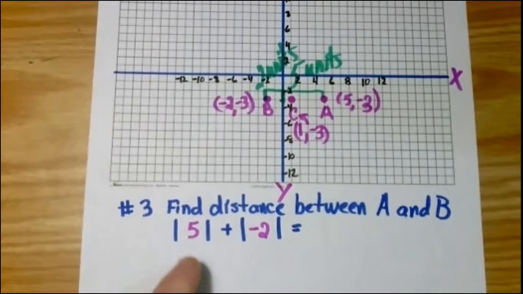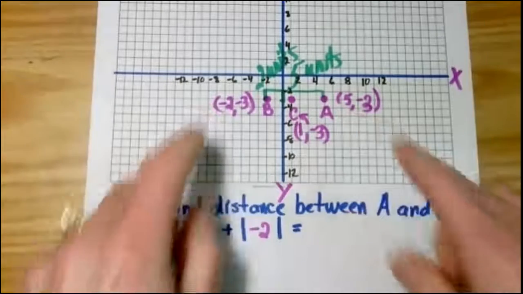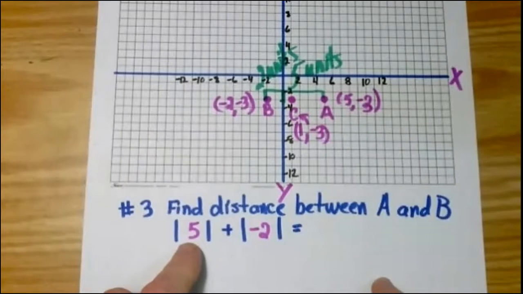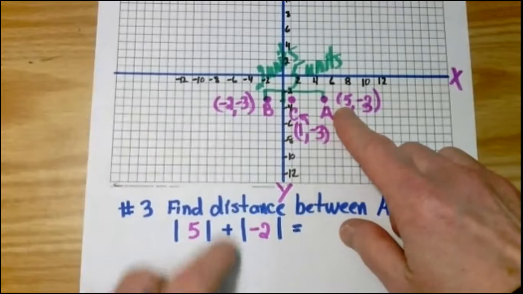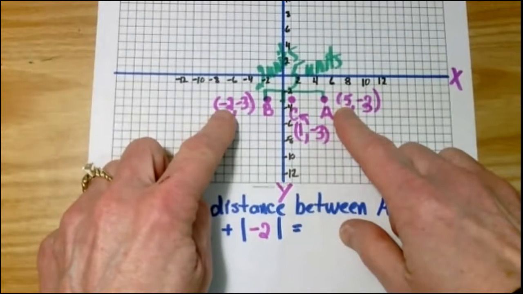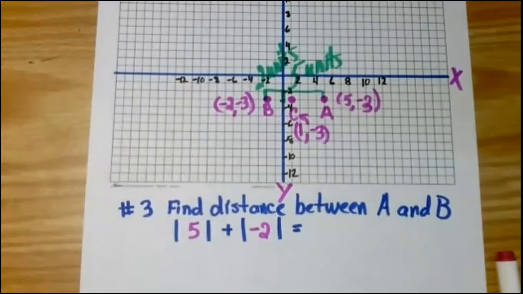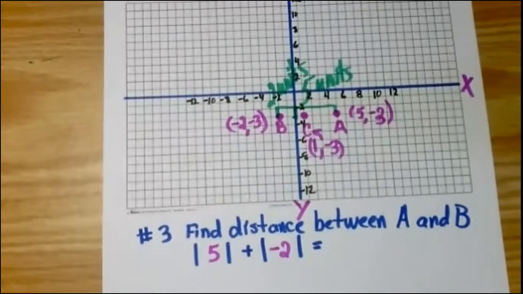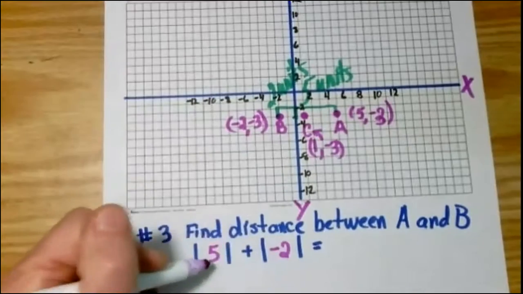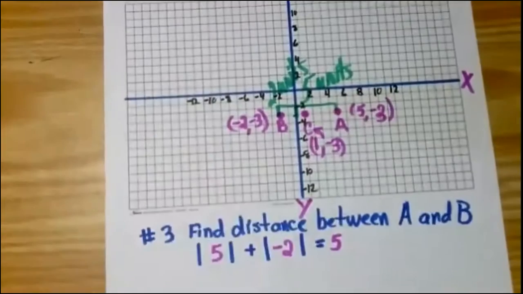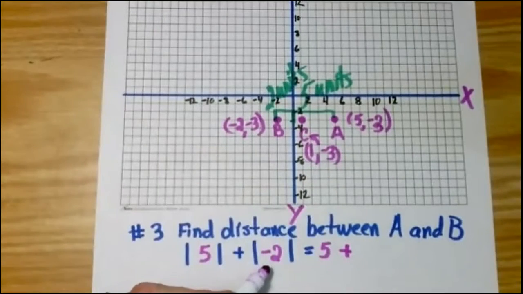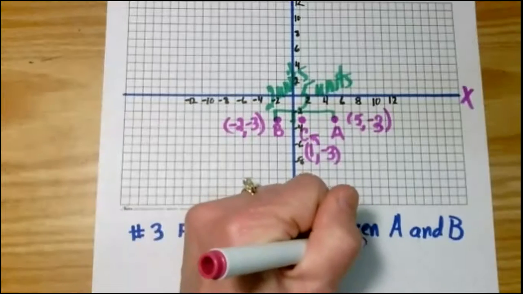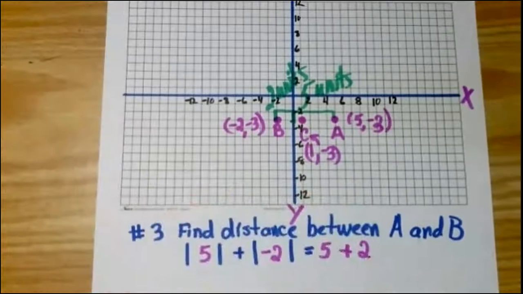So if you look, the distance between A and B is the absolute value of the x coordinate 5 plus the absolute value of the other x coordinate, -2. So the absolute value signs change it so 5 stays 5 when you figure out the absolute value. -2 becomes, that's right, +2.